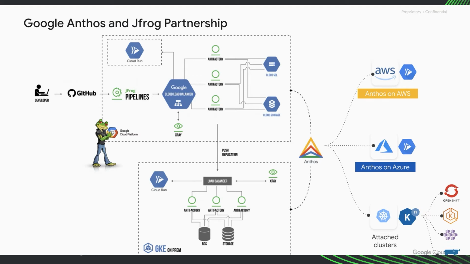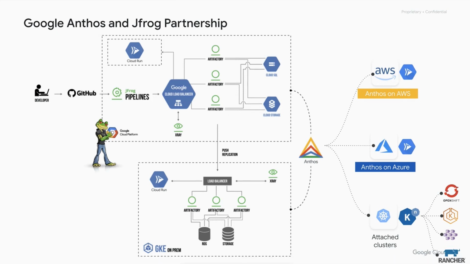That's why we partnered with JFrog to build a hybrid multi-cloud CI/CD solution, where Anthos deploys GKE on-prem, on Azure, on Amazon, or in your environment, and connects them to Google Cloud Console, and then JFrog takes care of the CI/CD portion. In our next demo, we're going to get into a real-life example and show you some workflows to implement such a use case.